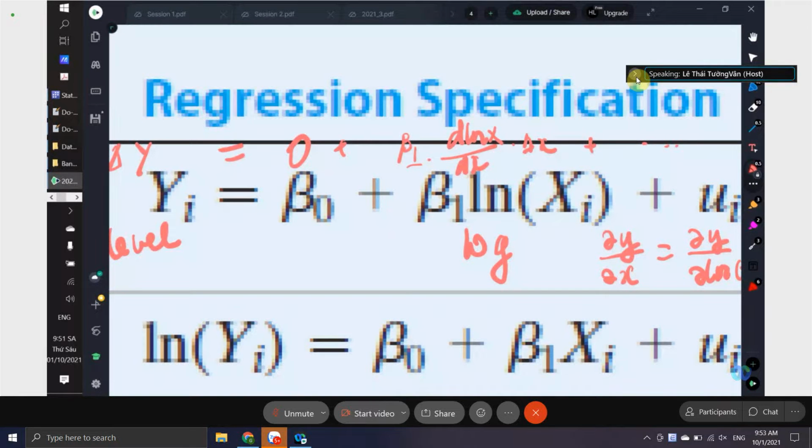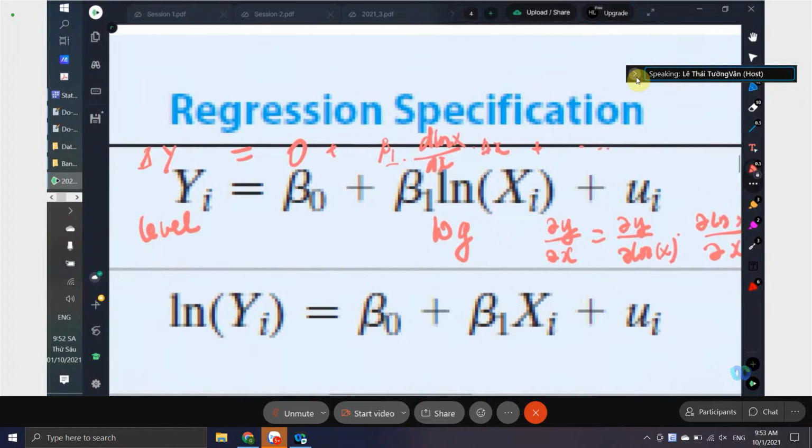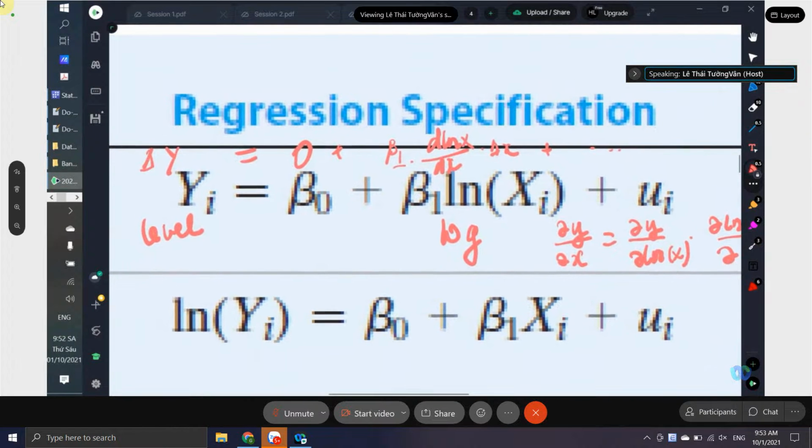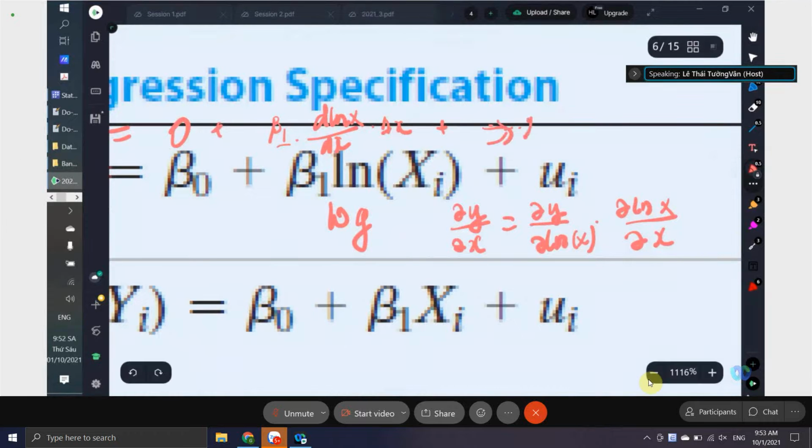I will focus my attention on only one thing, that is a change in X. So a change in Y in this case can only come from a change in X, and then delta Y is equal to beta 1 times d log X over dX, which is delta X over X.